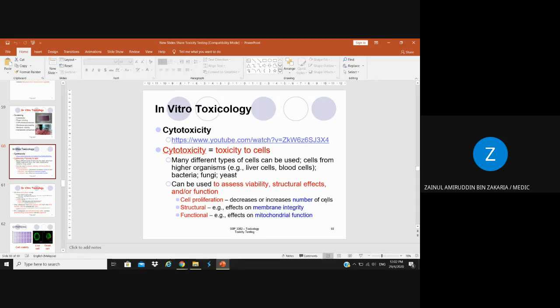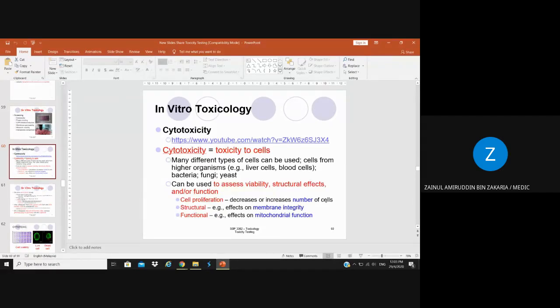Because mitochondria is important for energy production. So if a substance can cause membrane damage, or disturb the membrane integrity, then it can disturb the function of, for example, mitochondria, the organelle inside the cell.